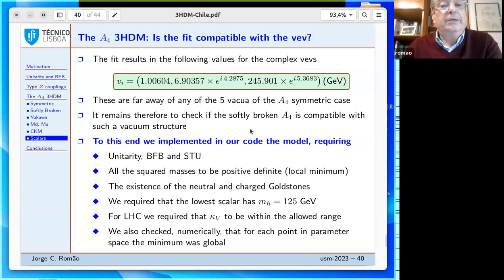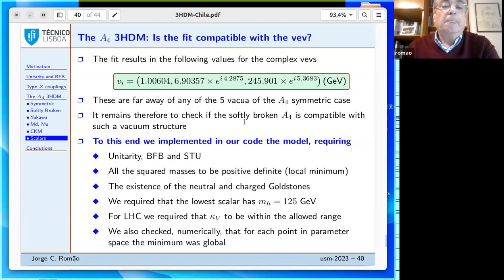Now, what remains to be checked? It remains to be checked that using a softly broken A4 model, we can make it compatible with these values for the VEVs. And that's what we want to do.